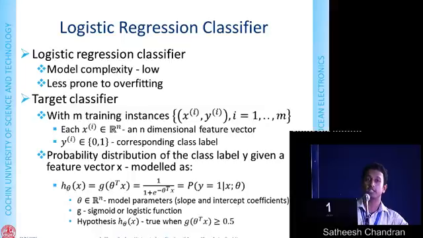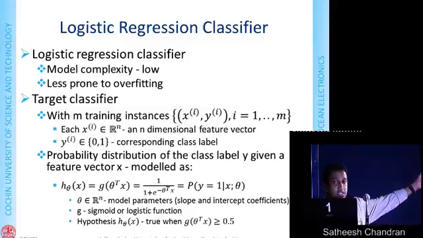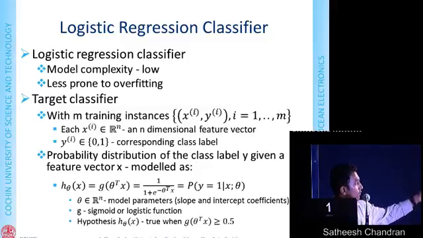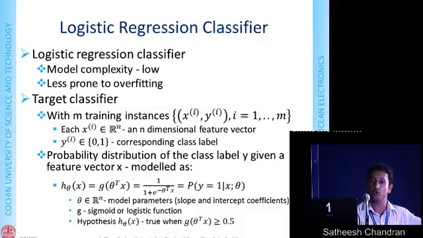Then the probability distribution for a class label y, given a feature vector x, can be modeled as g(theta transpose x), which is equal to 1 over 1 plus e raised to minus theta transpose x, where theta are the model parameters, meaning the slope and intercept coefficients for that model. g is the sigmoid function, and the hypothesis for x becomes true when g(theta transpose x) is greater than or equal to 0.5.